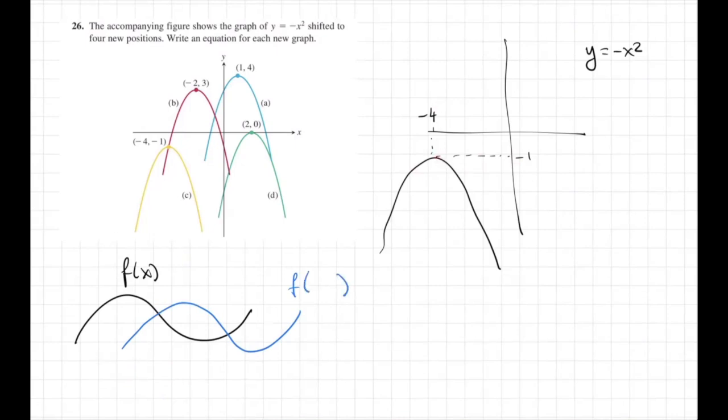When we move the function along the y-axis, upwards or downwards, we add or subtract something from the y part of the equation. To shift it along the x-axis, you should add or subtract something from x. That's why I left it blank. Instead of x, I can write x minus 2, for example.